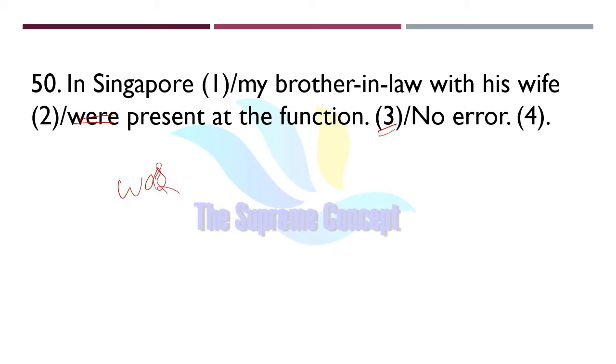We discussed a few minutes earlier that when expressions like as well as, along with, and similar expressions are used, the verb agrees with the first subject. So here we will use "was" because my brother-in-law is singular, so we will use the singular verb form.